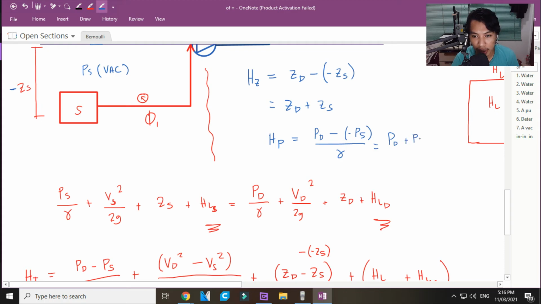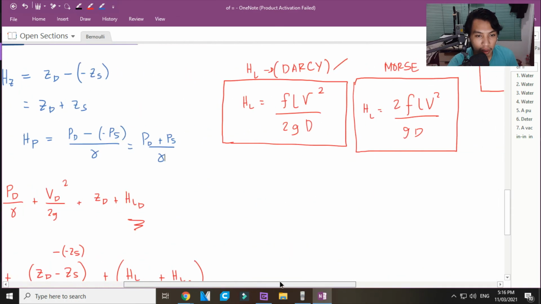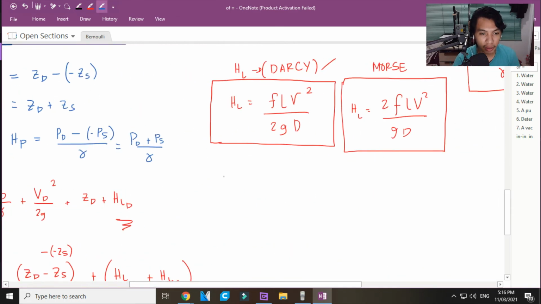plus PS over gamma. O, sir, pag velocity head naman, ayan, pagtatalo-taluhin na natin. Velocity head, this is VD squared minus VS squared over 2G. Sir, di ba tinuro mo kung paano mo kukuha yung V? Di ba? Given yung Q. Oh, simplify natin.